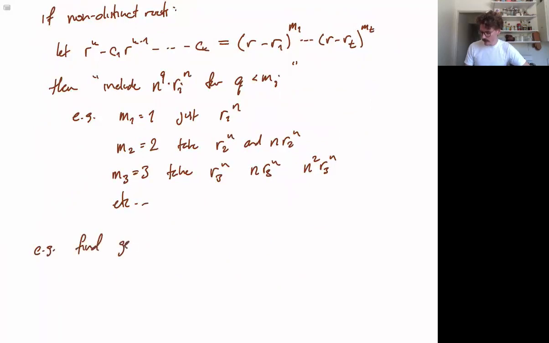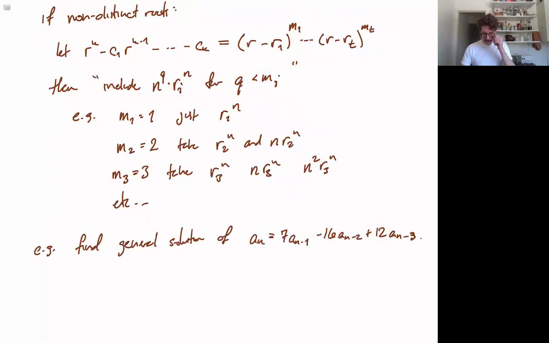So let's find the general solution of this recurrence relation. a_n equals 7 a_(n-1) minus 16 a_(n-2) plus 12 a_(n-3).